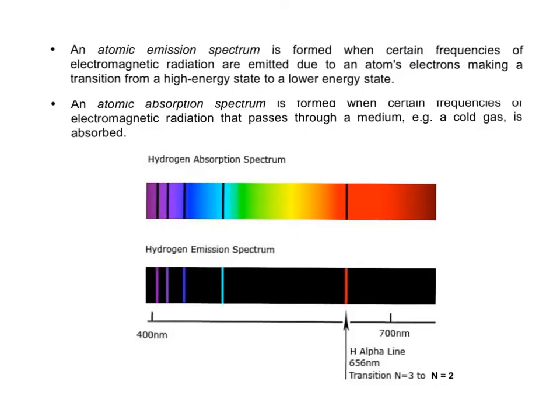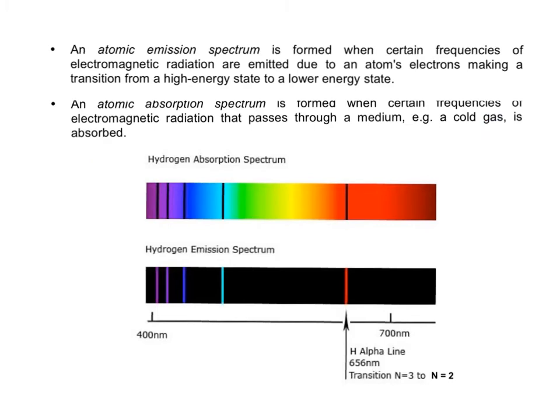So to revise, an atomic emission spectrum is formed when certain frequencies of electromagnetic radiation are emitted, and note, due to an atom's electrons making a transition from a high energy state to a low energy state. Whereas an atomic absorption spectrum is formed when certain frequencies of electromagnetic radiation that passes through a medium, for example a cold gas, are absorbed.